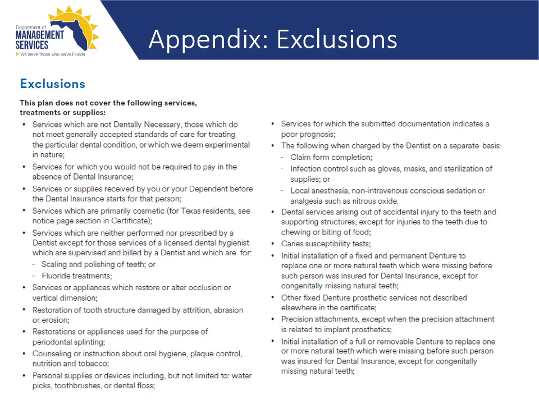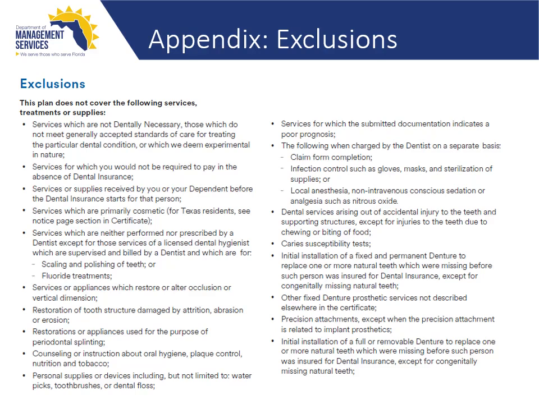The following when charged by the dentist on a separate basis. Claim form completion, infection control such as gloves, mask, and sterilization of supplies, or local anesthesia, non-intravenous, conscious sedation, or analgesia such as nitrous oxide. Dental services arising out of accidental injury to the teeth and supporting structures, except for injuries to the teeth due to chewing or biting of food.